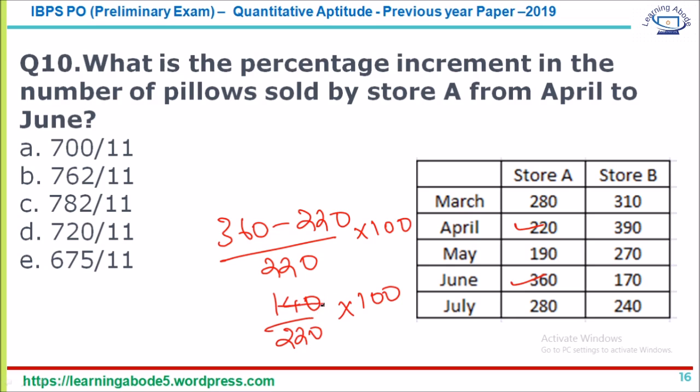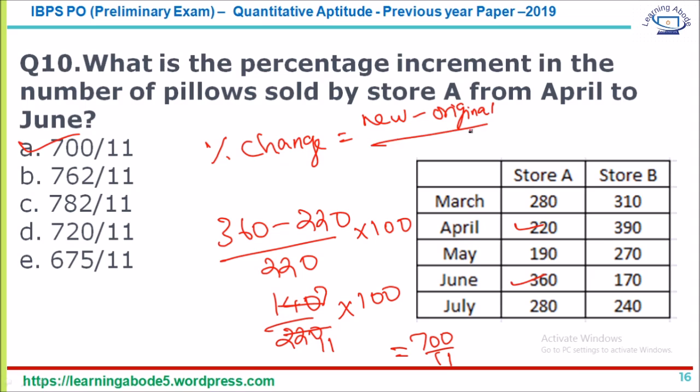Now this is like 7 and 11. So finally it is 700 by 11. That's answer option A for this question. So this question is like a percentage change question. From April to June, what is the change? If you want it like a formula, you can write percentage change as the new value minus original value upon the original value into 100.